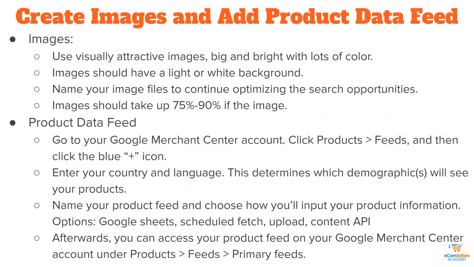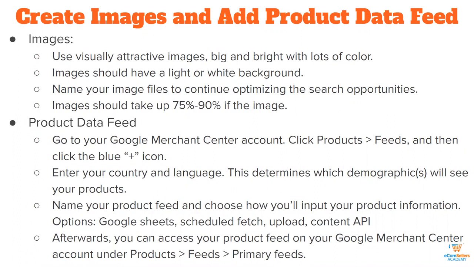You're going to create your images and add your products to your data feed. On your images, make sure that they are visually attractive, that they're big and bright, full of color. You want them to take up the majority of the image space, okay? Images should have a light background or a white background.